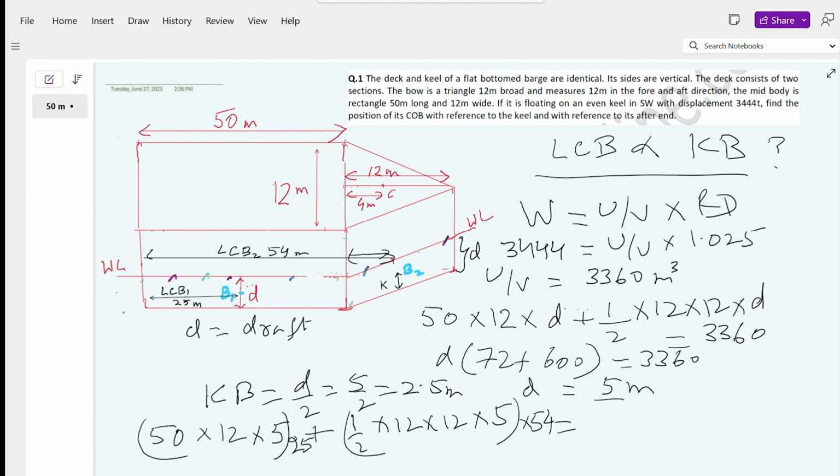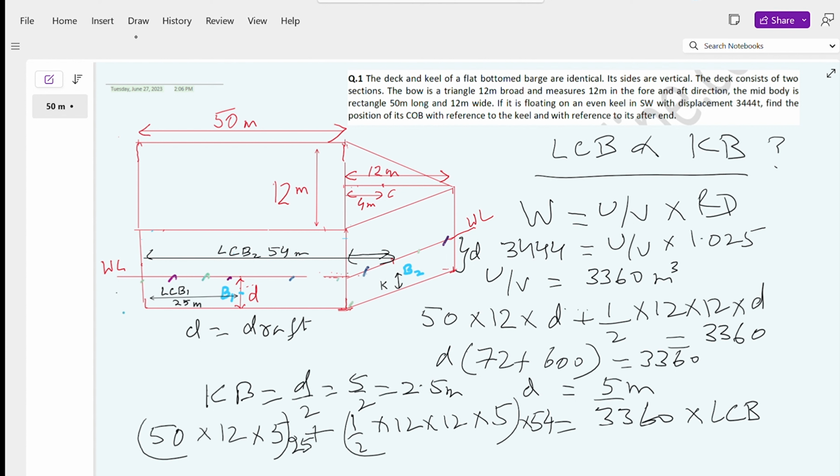So this should be equal to the total underwater volume 3360 multiplied by LCB, the center of buoyancy of the whole barge, the complete barge.